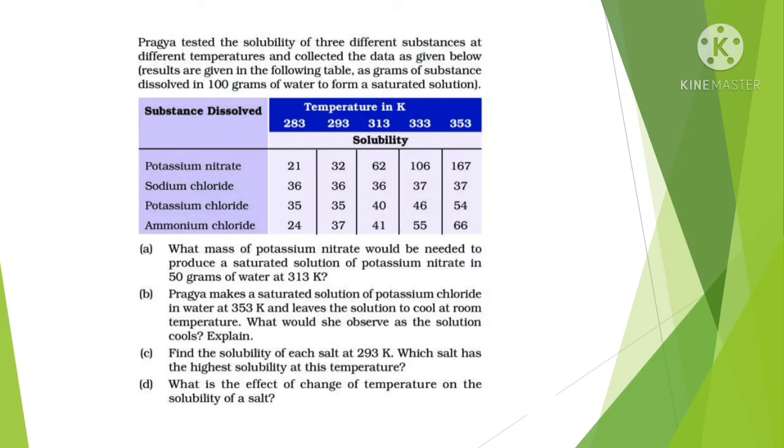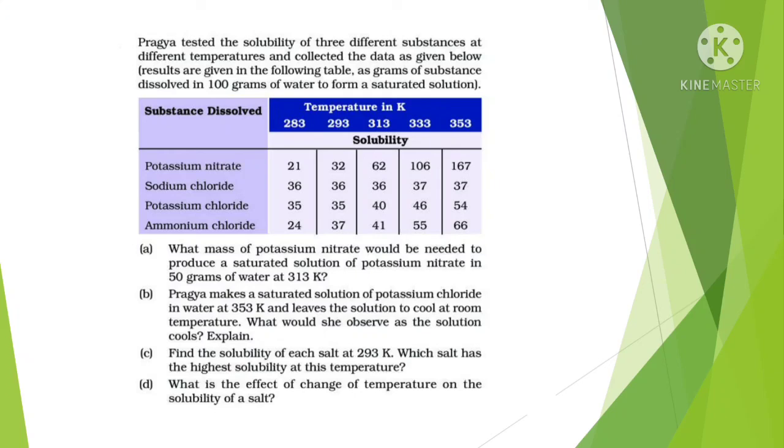Now the next part is, what is the effect of change of temperature on the solubility of a salt? If the temperature of the solution increases, then the solubility of the salt increases, meaning more salt can be dissolved in that particular solution.